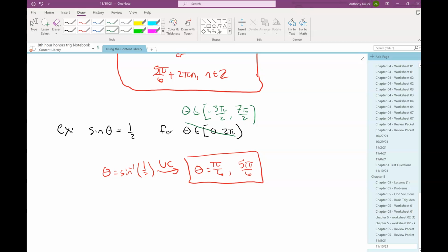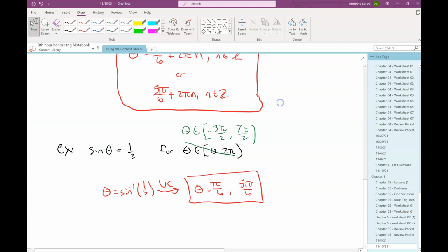Well, what I'm going to do is use our infinitely many answers, take each one of those answers, and keep adding and subtracting 2 pi as long as we're inside the interval, right?